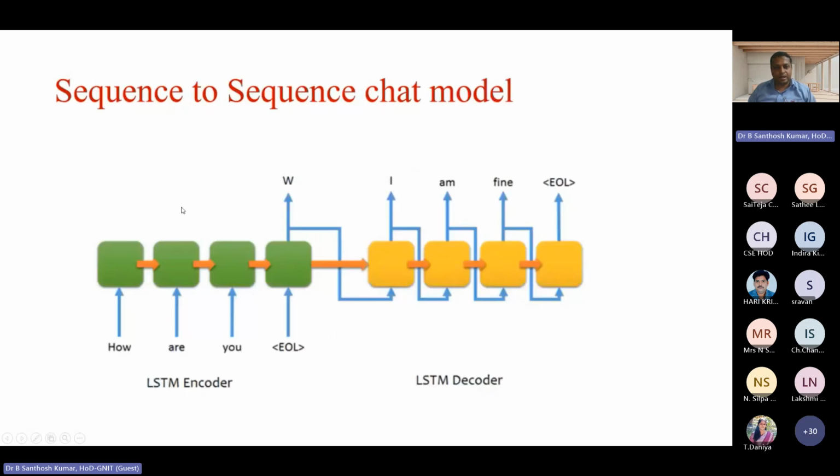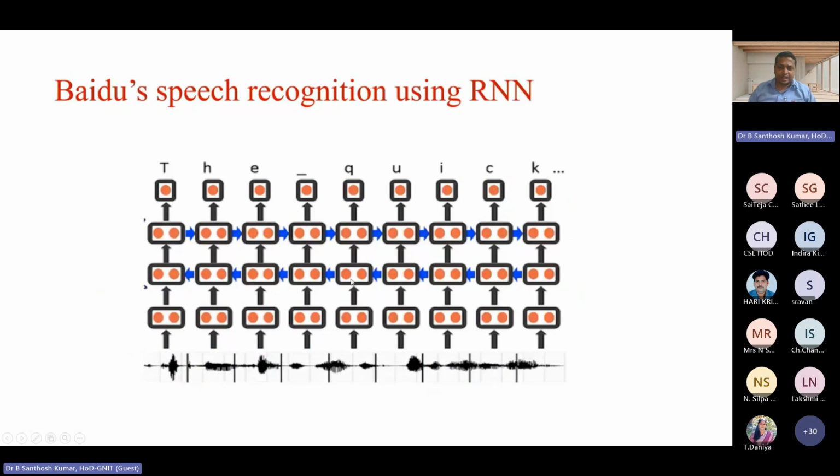Then the sequence to sequence chat model. It means the chatbot. Whatever you give, it will give a continuous answer. Then speech recognition using RNN. Here, the voices are converted into text format.